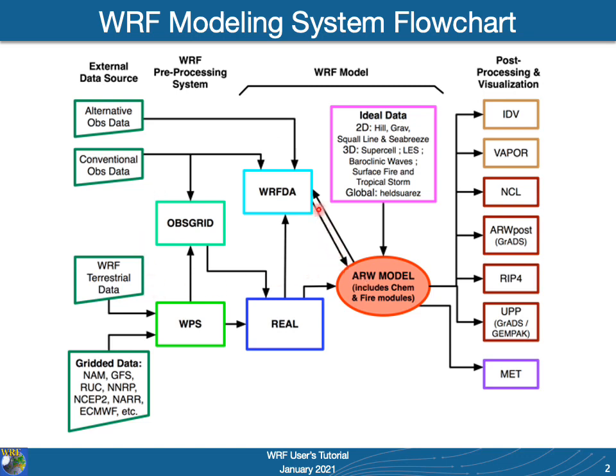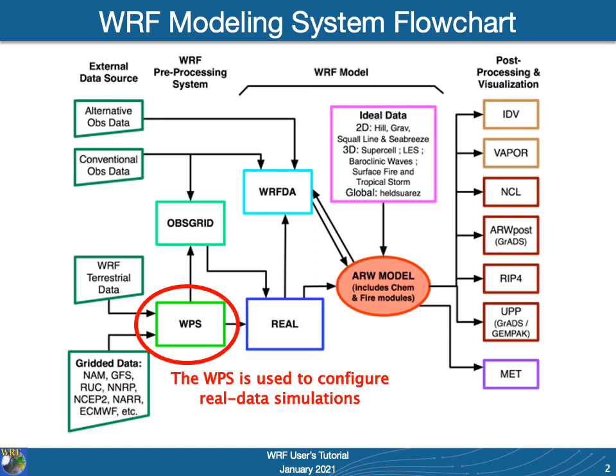So if you trace all of these paths backwards, you'll find that all of the paths to produce real data initial conditions ultimately originate at this component of the modeling system called the WPS. So we can say then that the WPS is the component of the modeling system that is used to configure real data simulations.